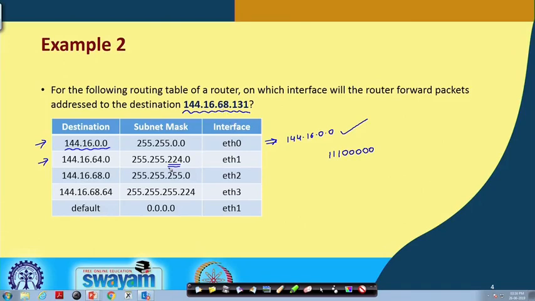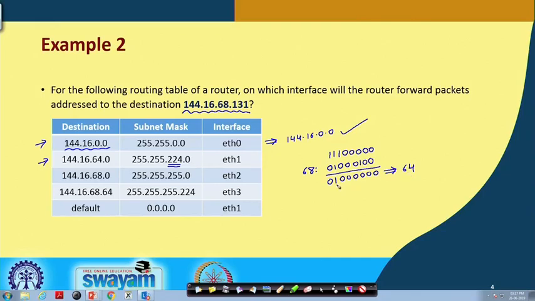What is 68? 68 if you convert to binary, it will be 0100 0100, 64 and 4, 68. So, if you take a bit by bit ANDing here, what you get is 0, this 1 and 1 will be 1, 0 0 0 0 0 0, which in decimal is 64.